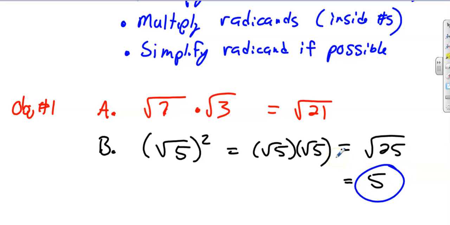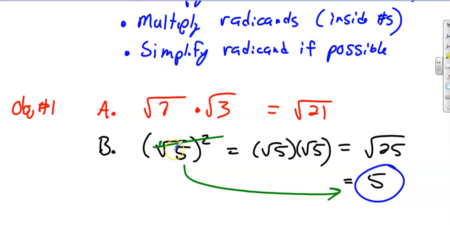Now, probably what they really wanted you to see on this one is along the same lines like we did back in section 3, that if this index and this power match up, they're still going to cancel each other out, and you can just do a shortcut and go straight to the end. So if you see some number square rooted to a second power, that square root and that power cancel each other out.